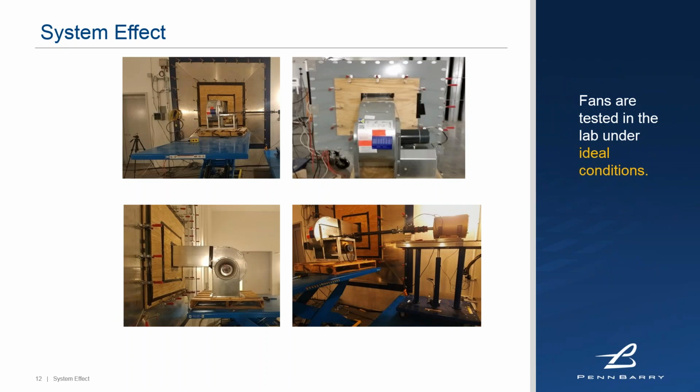When we put information in a catalog or in a program or advertise it, we are talking about ideal conditions. Fans that have been hooked up with perfectly straight duct and that have really nice inlet flow conditions, and we have this giant room we can put this equipment in. That's not reality, right?